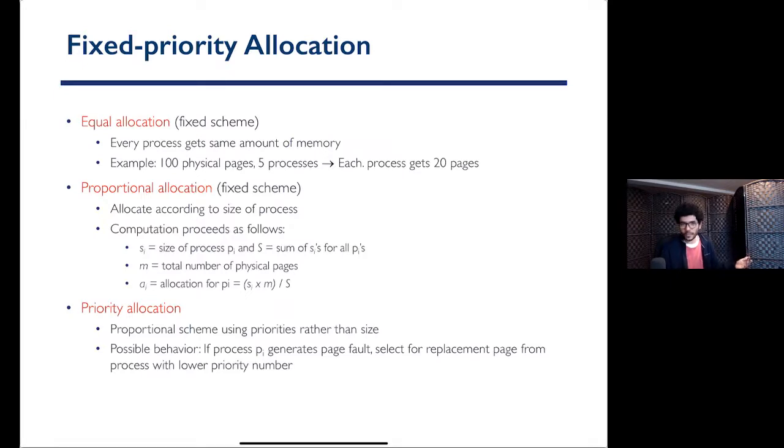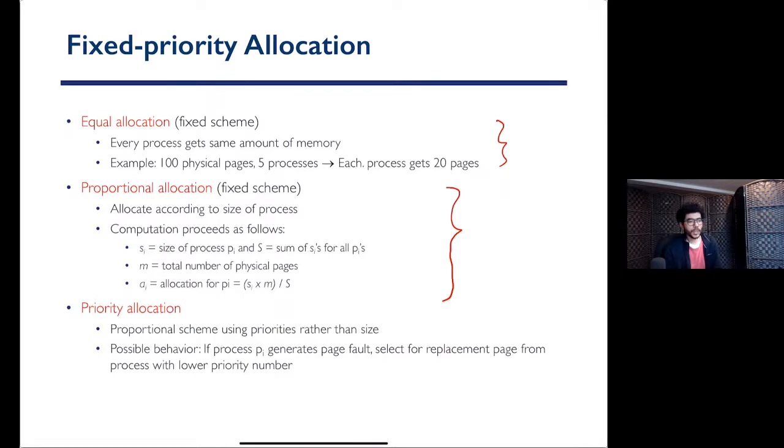So that's one way. Everybody gets equal. We discussed how this is not a good policy, because somebody might not need their allocation and somebody might need more than their allocation. So then the other alternative is proportional allocation.